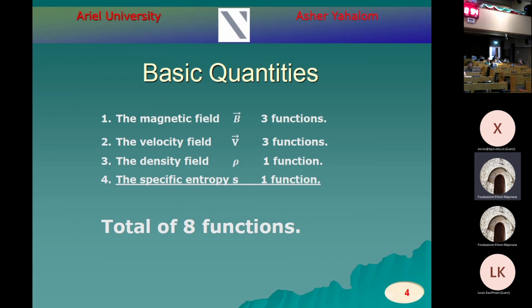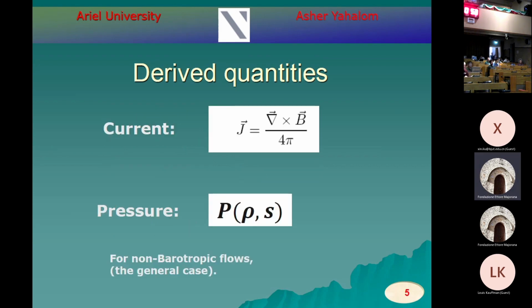Okay. So MHD is a problem in which we try to find the magnetic field B, the velocity field V, a density rho, and a specific entropy S, which are a total of 8 functions. And then we have all kinds of auxiliary quantities.